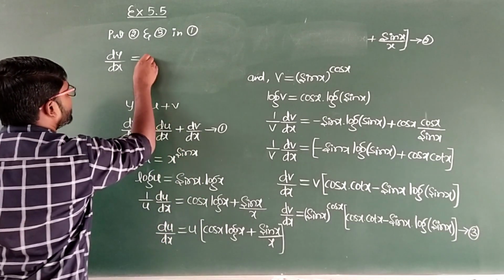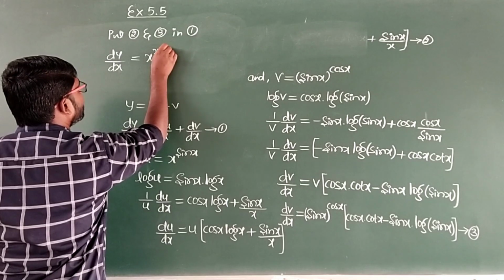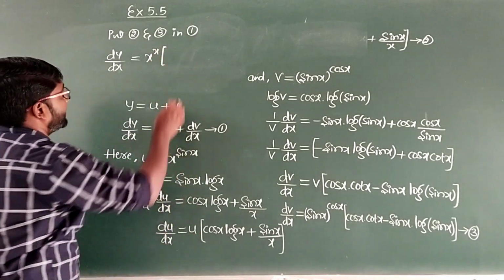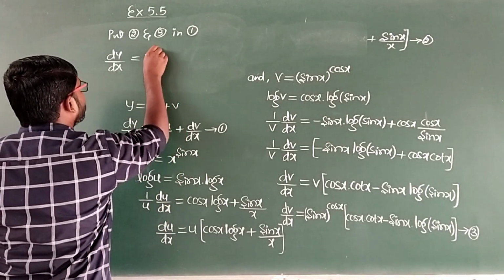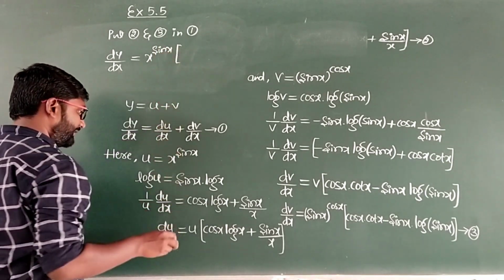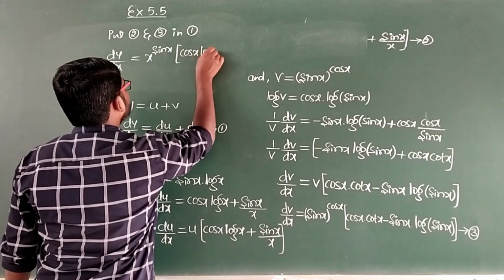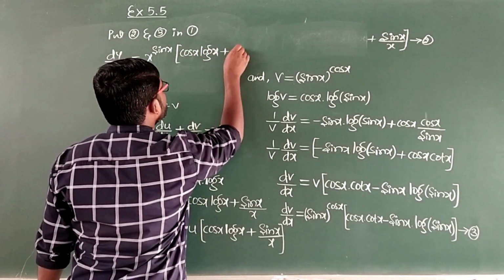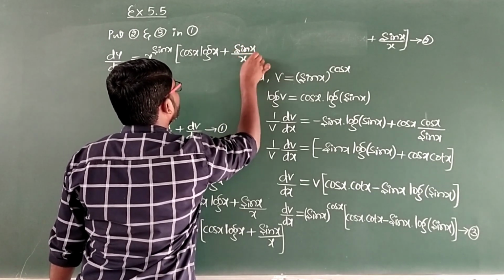So it is x to the power sin x, sorry, not x to the power x, x to the power sin x, into the bracket cos x into log x plus sin x by x.